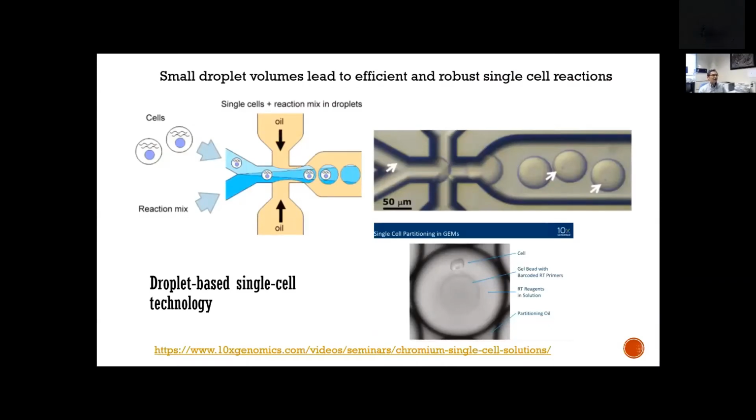Okay, so this technology is based on droplets using partition oil, and individual cells come in. So from this droplet, what you can see, each individual droplet, the structure is like this, with one cell attached.